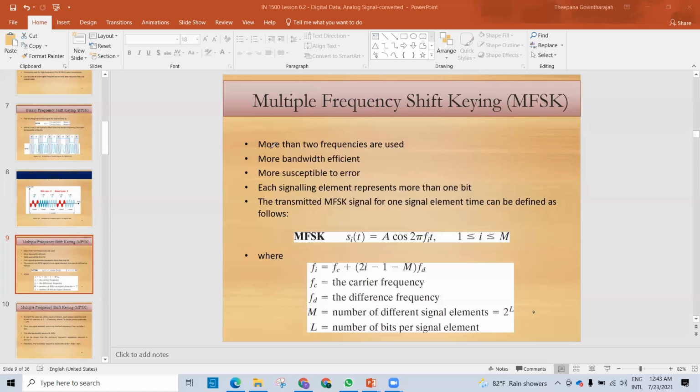So the chance of getting error is high in MFSK when compared to BFSK. And I have already mentioned the point: each signaling element represents more than one bit.